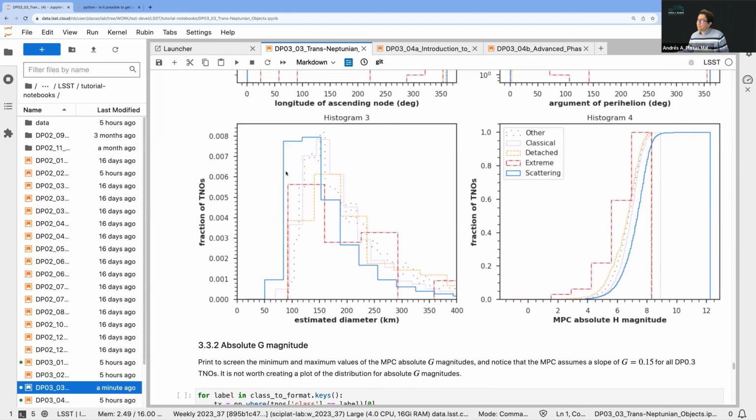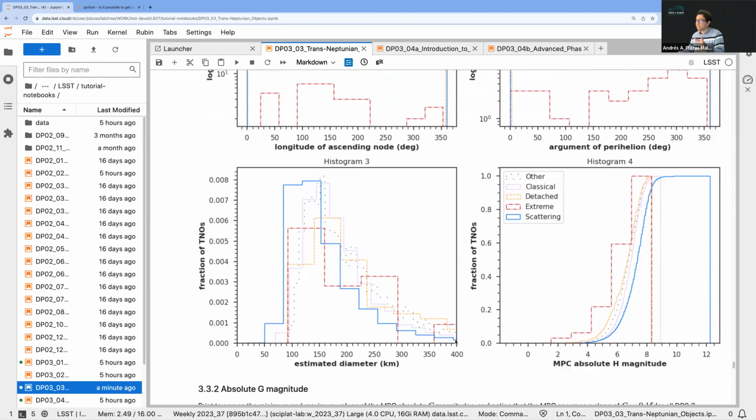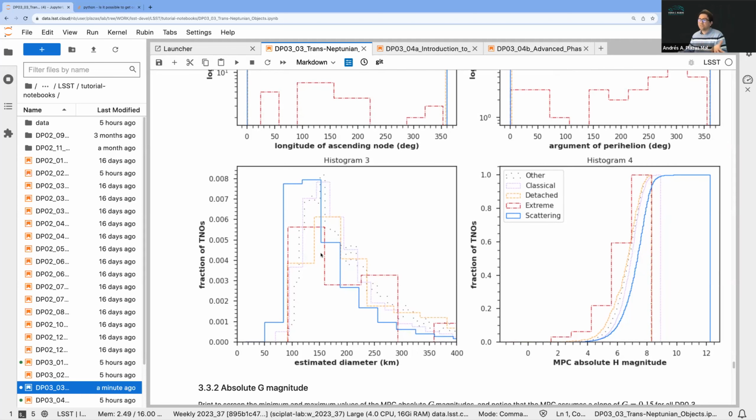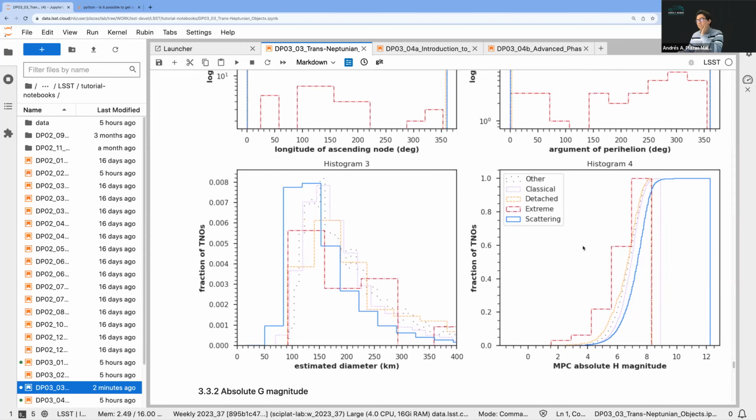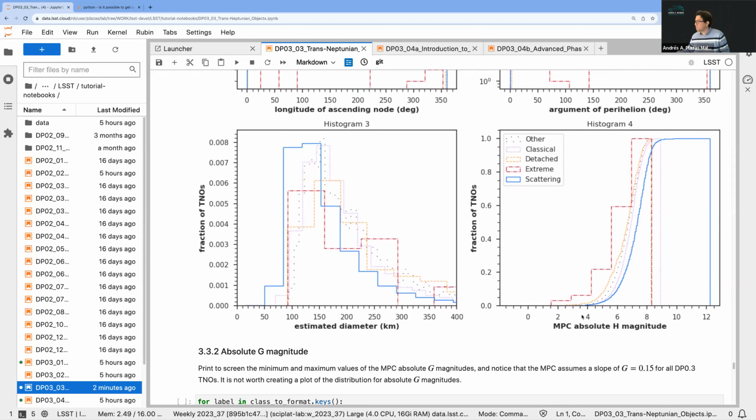Then we have the histogram of the estimated diameter that is cut at 400 kilometers, so you can play and see if there are objects that are higher. And then another exercise is to see what happens if you put more realistic albedos for each class. If you look at the papers in the literature, such as Bernardinelli et al. from the DES TNOs, you find this kind of histograms of cumulative functions.